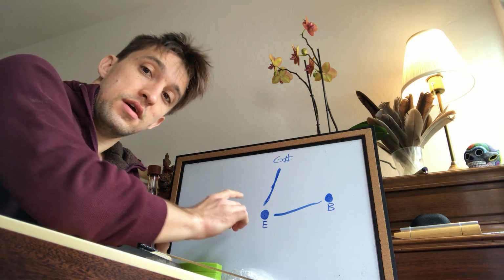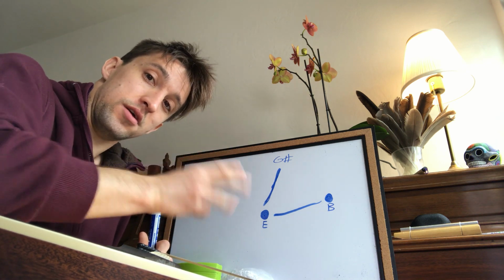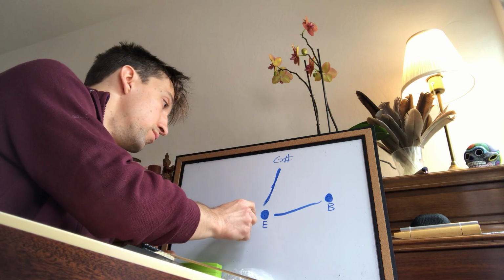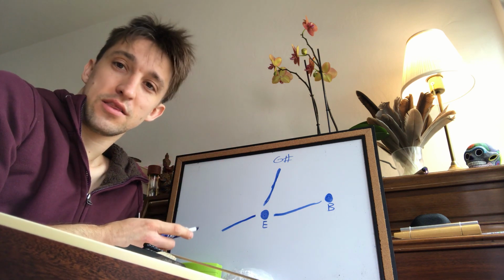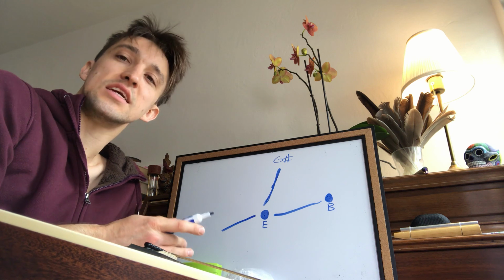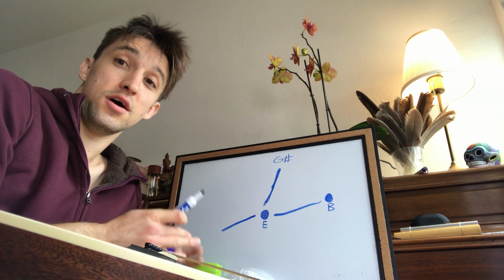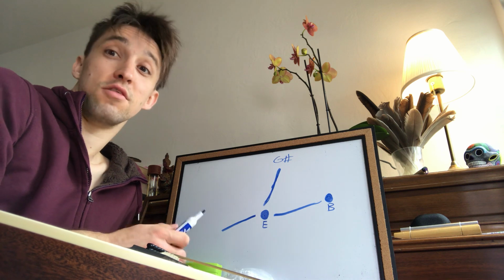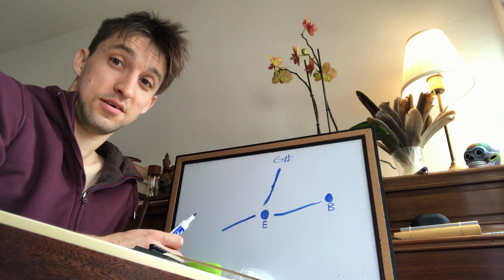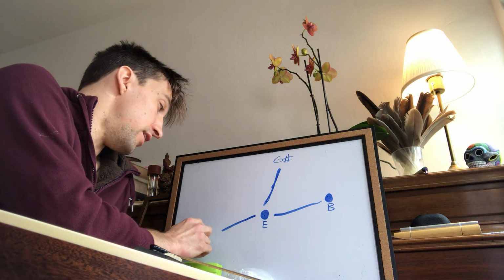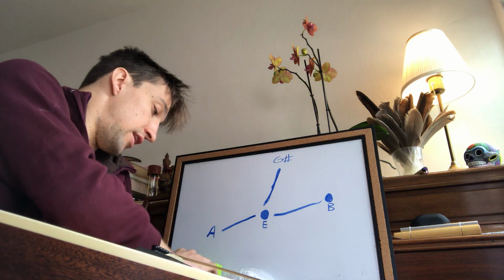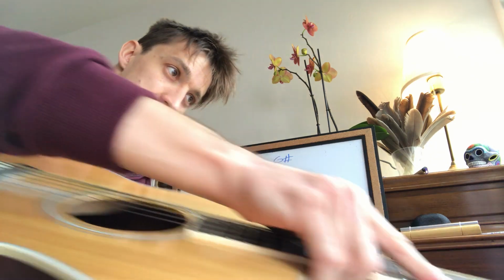What tone, if multiplied by 3, would equate to E? A much simpler way of saying that is, what is E the 5th of? Or, what is the 4th of E? And the answer to that is A.